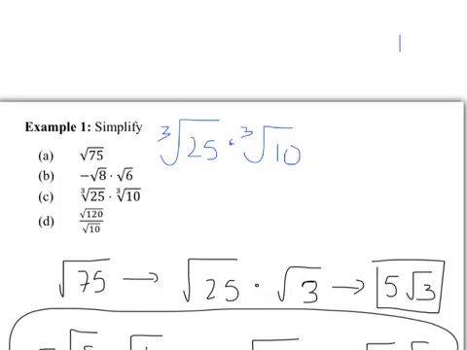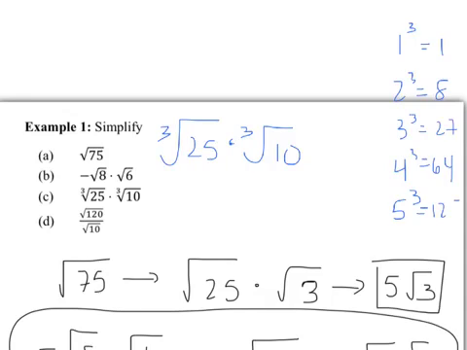So our perfect cubes, just to remind ourselves, are 1, 8, 27, 64, 125. It's kind of the furthest you're going to go, but we get right down to 216 as the last one. But what we'll notice is that neither 10 nor 25 can be broken down into perfect cubes.